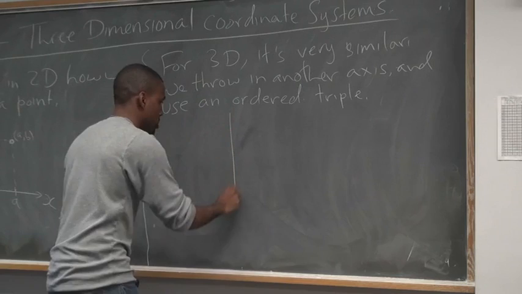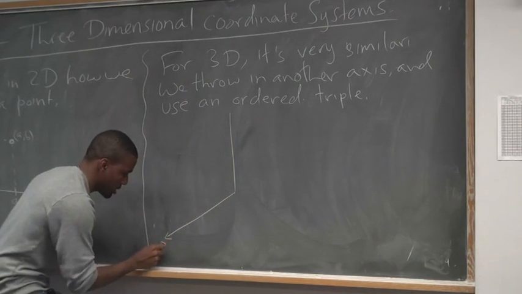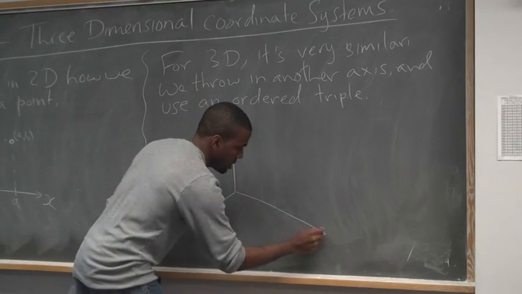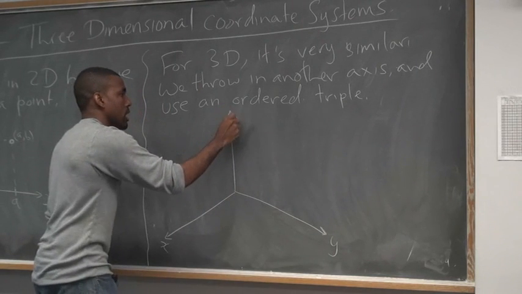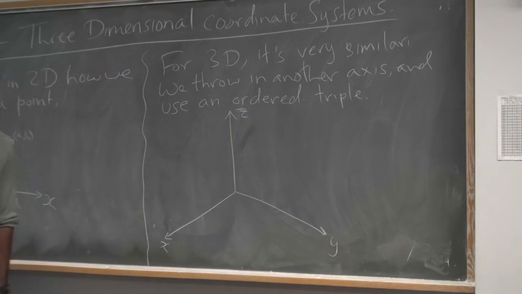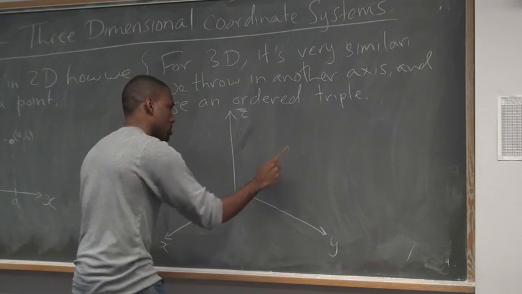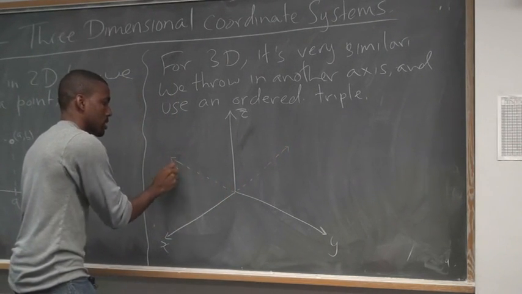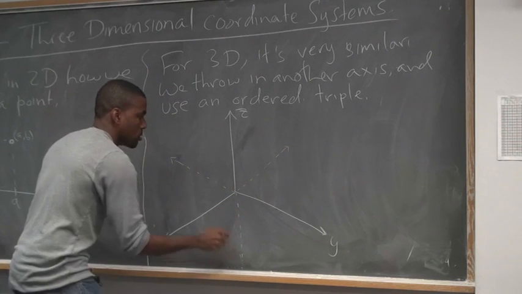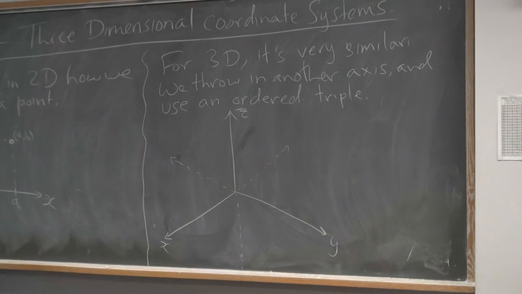Right? So this idea is the following. That's your x, this is your y, and we call the third axis the z-axis, right? And of course, there's a negative part that goes in the back, and this goes down as well, right?